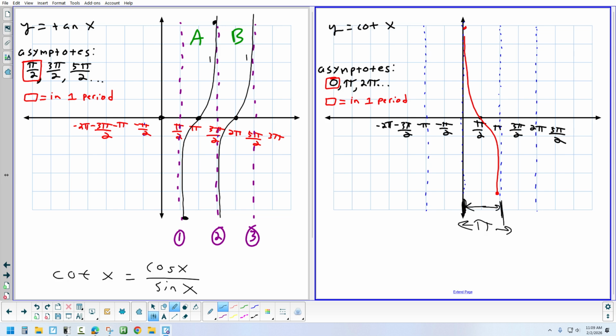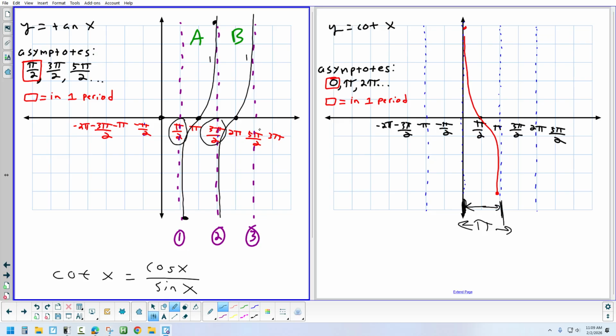It's half as long. Okay, so that's the picture of tangent and cotangent. We're going to have to know these asymptotes, but in a little bit I'm going to give you a table that's going to summarize all the asymptotes. Okay, so we'll have something we can look at.